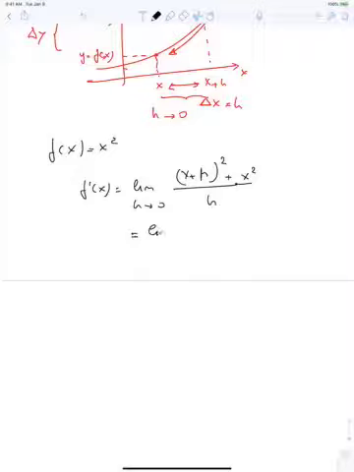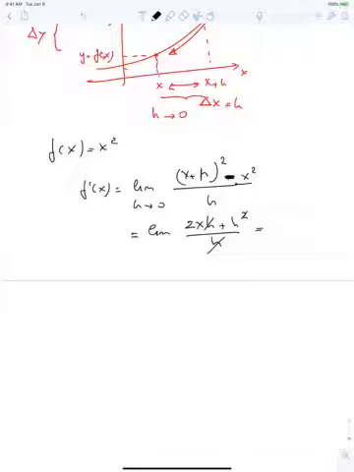So this is the limit of, sorry, here there's a minus sign. So this is the limit of 2hx plus h squared divided by h. We can simplify h, or we factor out h at the numerator and then we simplify.